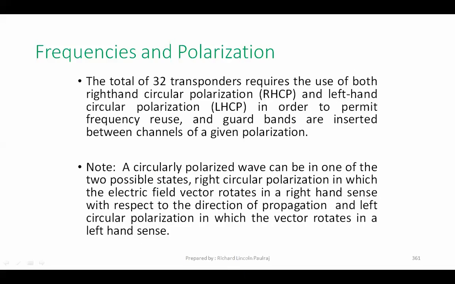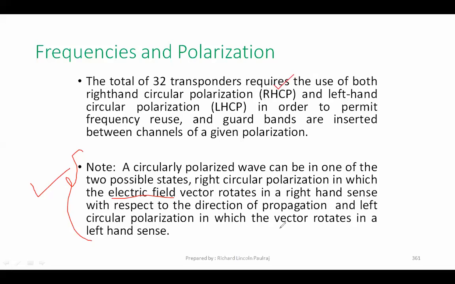Now this is important, if a question is asked with regards to what is left circular polarization and right hand circular polarization, this is with respect to the field vectors. So if the electric field vectors move in the right hand side, then we term it as RHCP.